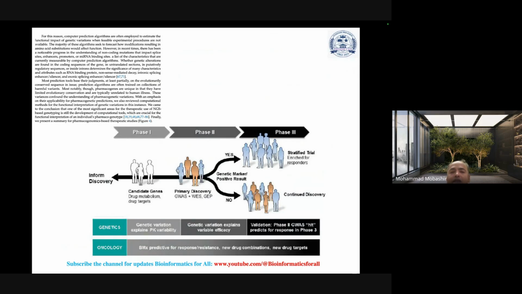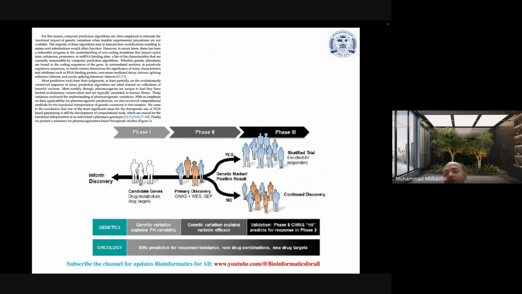If someone is interested, what are the phases in which it could work? There are 3 main phases: phase 1, 2, and 3. Phase 1 includes discovery, candidate genes, drug metabolism. Then phase 2 includes primary discovery, genome-wide associations, whole genome and exome sequencing.